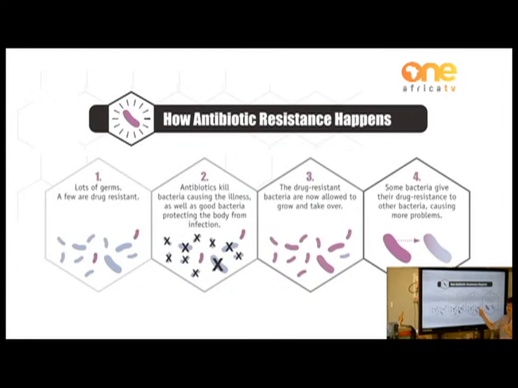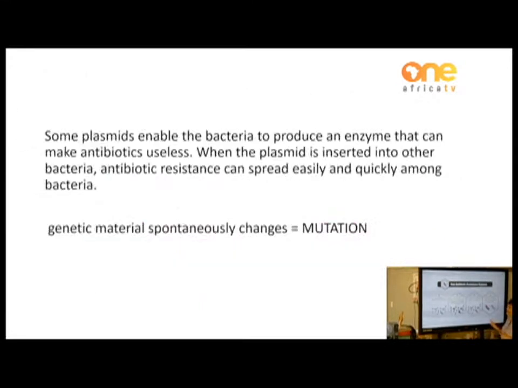And we also see that it is not only those that develop, but they can also pass their resistance on to other bacteria. And we know that bacteria are very, very fast reproducers.